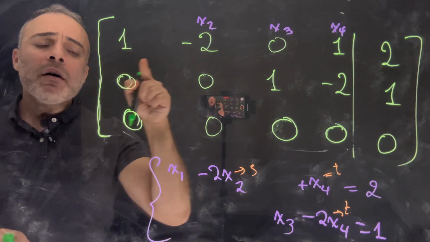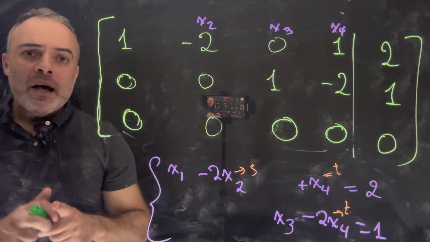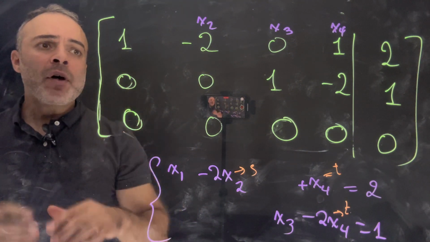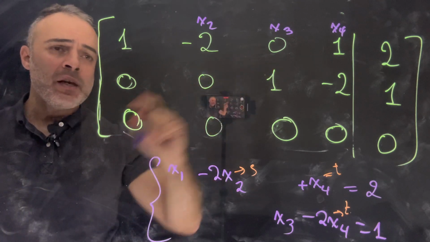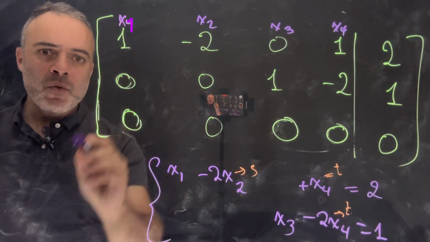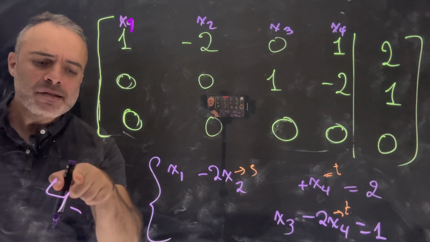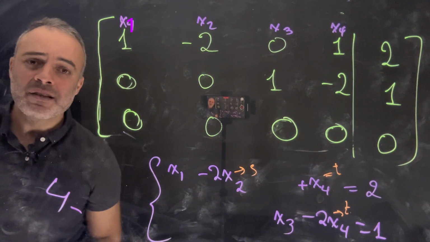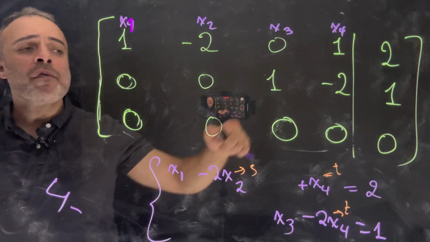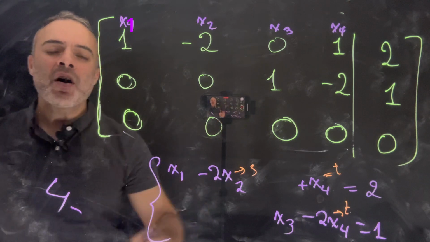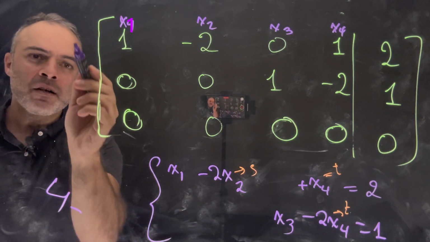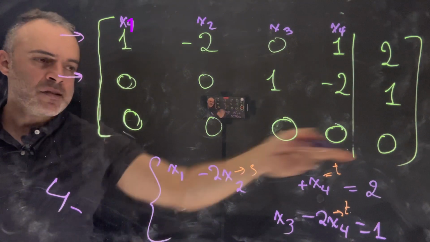In the RREF or the REF, I count the number of variables, which is 4. Here we have 4 variables. Then 4 variables minus what? Minus the number of the remaining non-zero rows. How many non-zero rows do we have here? 1 and 2. This is a 0 row.